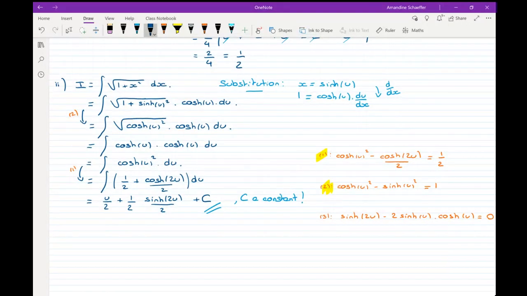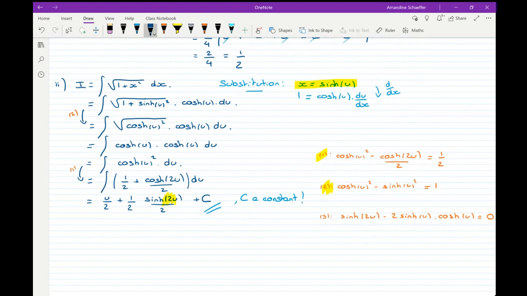We had x equals sinh u, which means that u equals sinh minus 1 of x, the inverse hyperbolic sine function, which is a bit tricky, especially because here we have a 2u. We don't really know how to take the inverse when there's 2u.